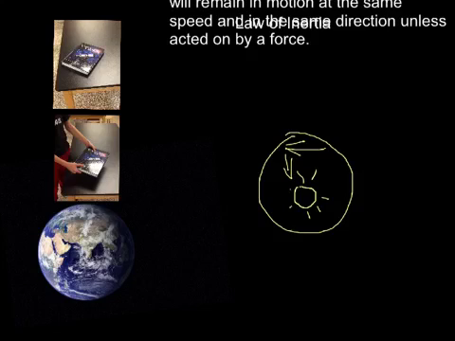Once it gets to the ground, it's going to stop rolling. But where there are no other forces acting on it, like in space, that object will remain at a constant speed and a constant direction unless it came in contact with some other force that changed that tendency to move in that direction and that speed.